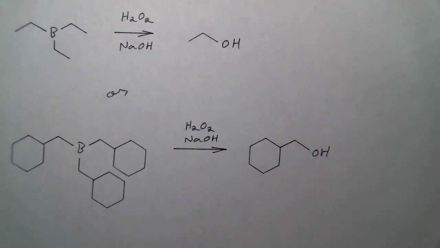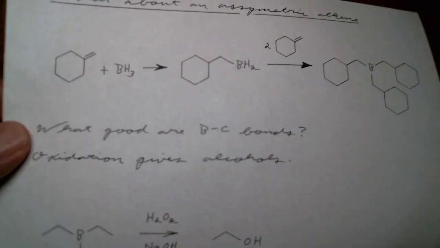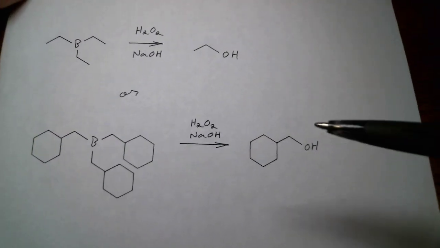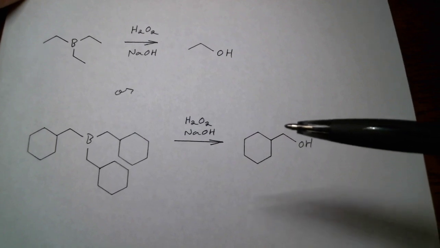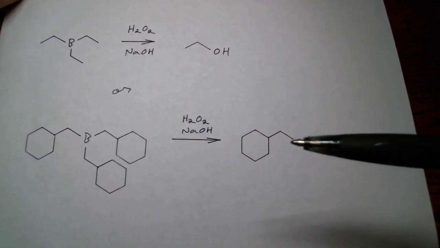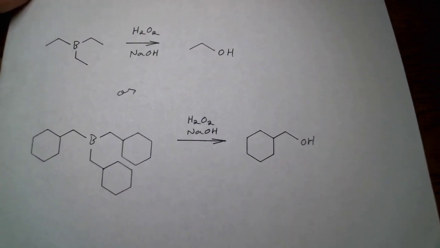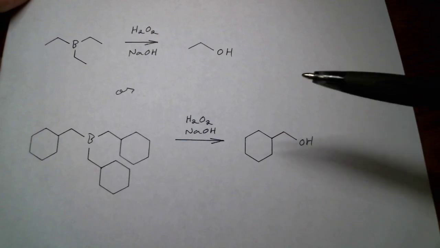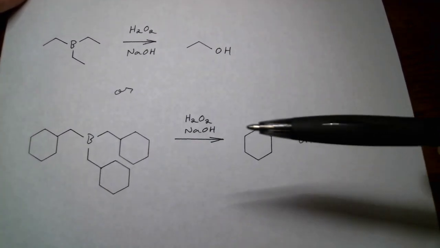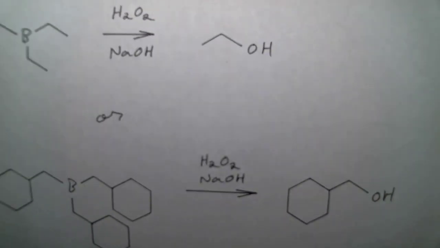Because if we had just put this alkene in water with H2SO4, we would have added a proton to this carbon, and the OH would have been bonded to the tertiary carbon, which we consider Markovnikov addition. So the process of hydroboration and then oxidation gives us what looks like an anti-Markovnikov product.